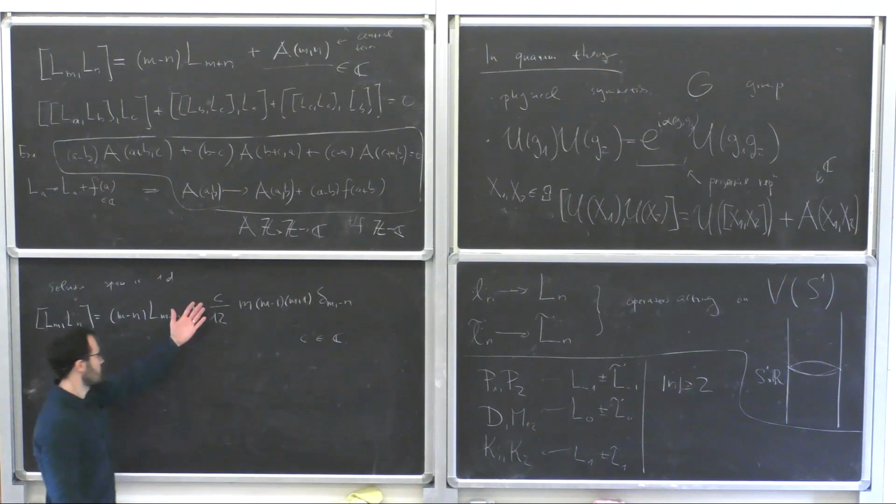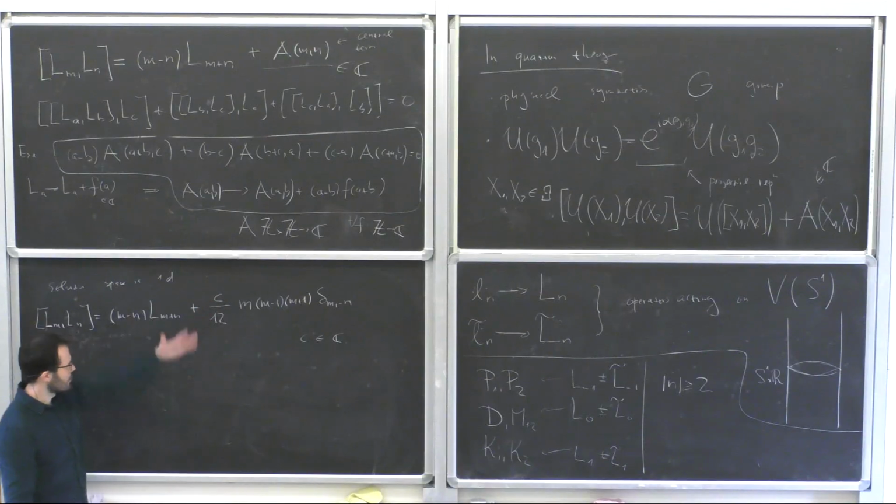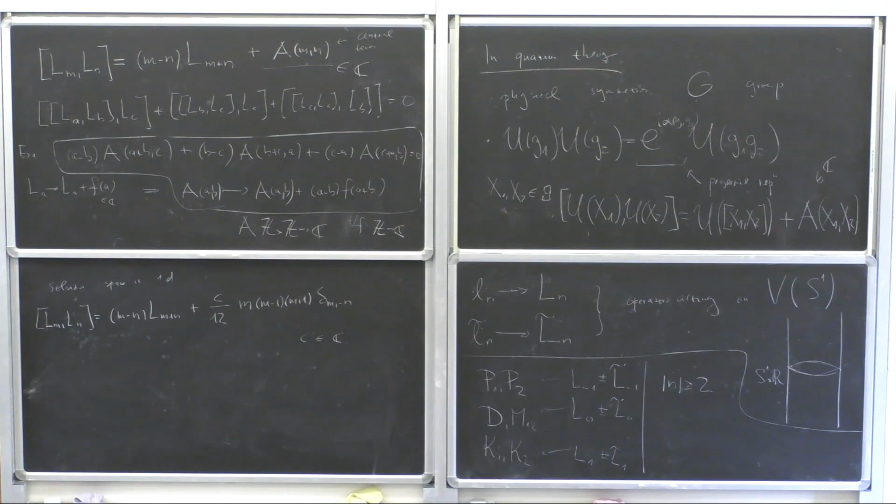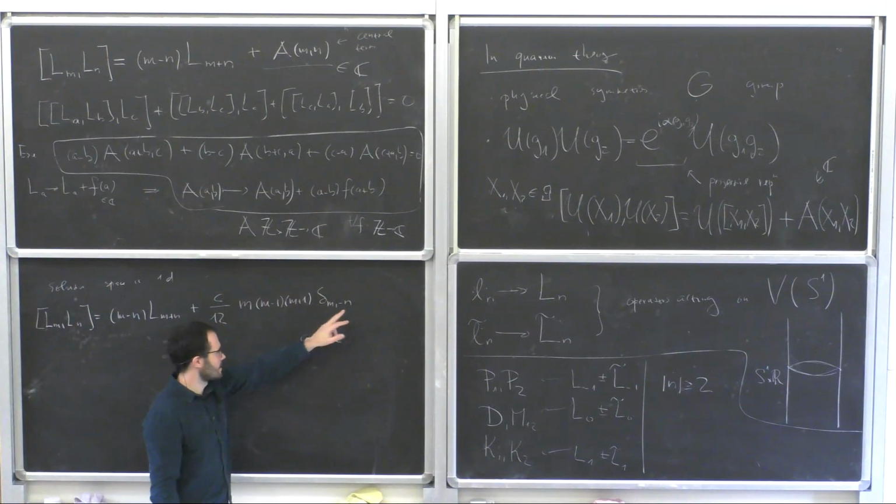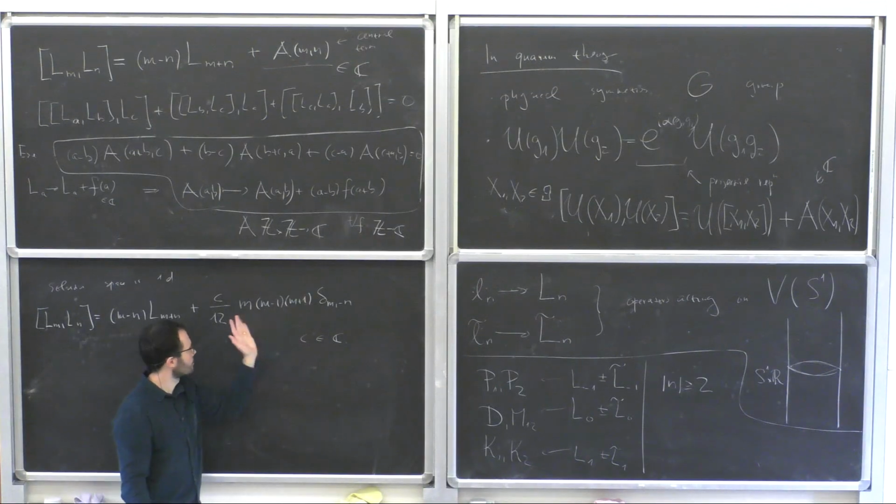So this is the one dimension of the solution space. Basically, I can use this f to make the central term vanish unless m is equal to minus n, and then it's uniquely constrained to look like that.